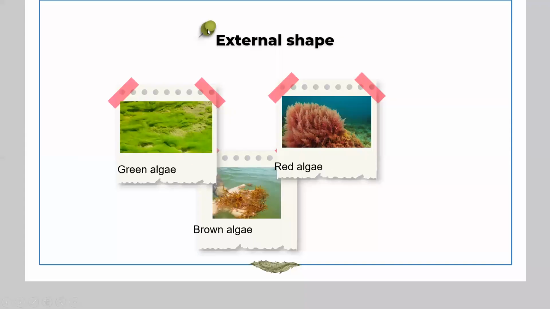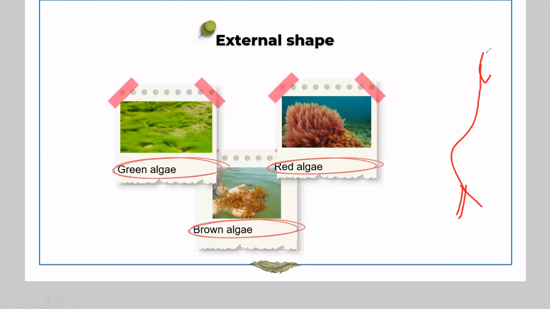Classification of plants according to their shape. The normal plant we know consists of roots, stem, and leaf. But with another kind of plant, like this one in front of you, can you observe any root? No. Any stem?